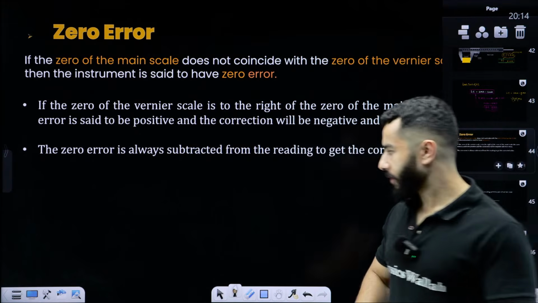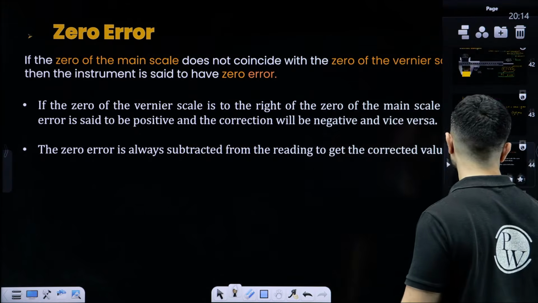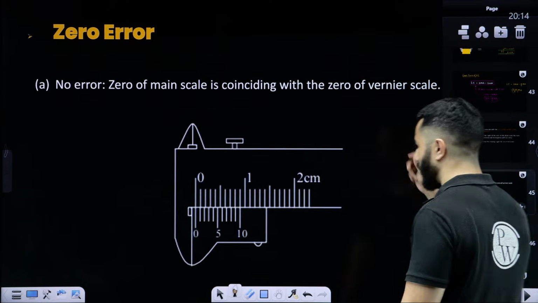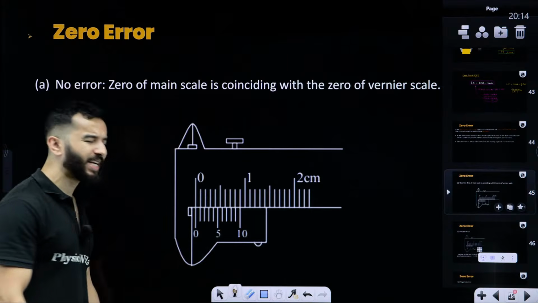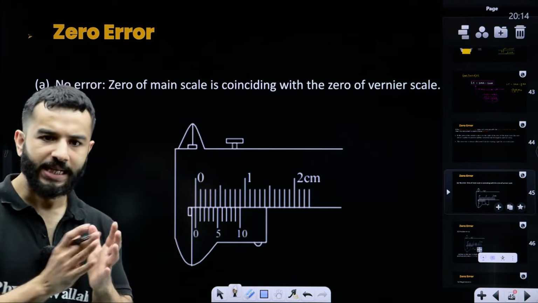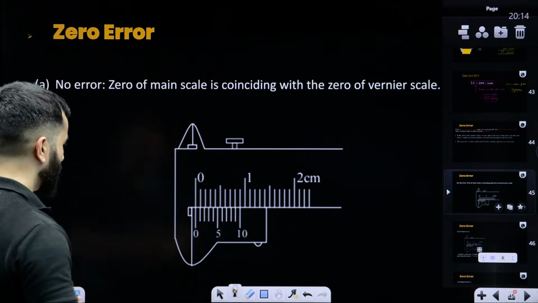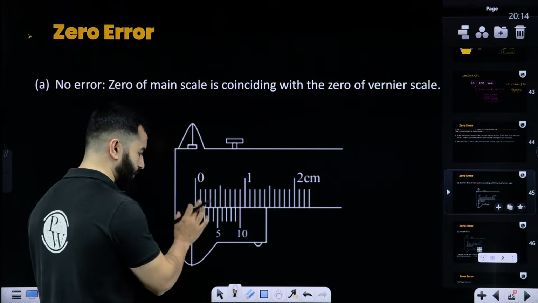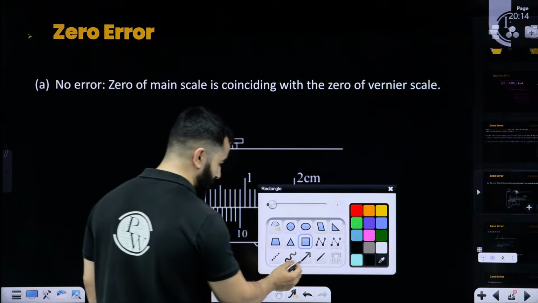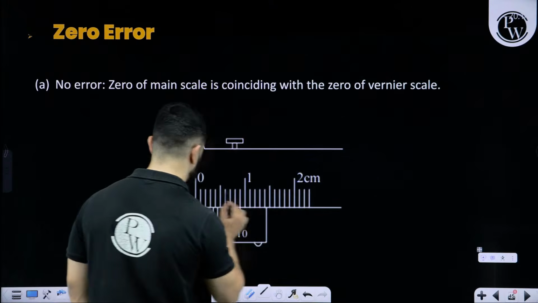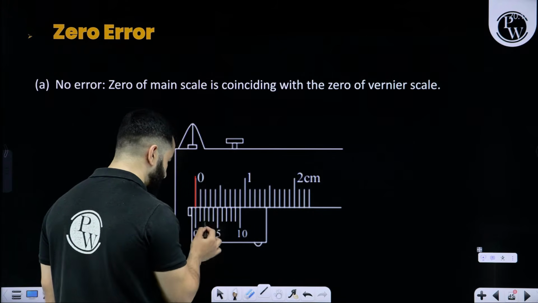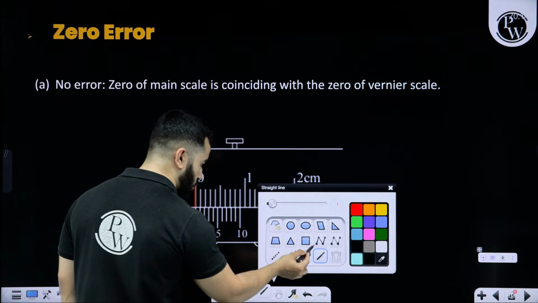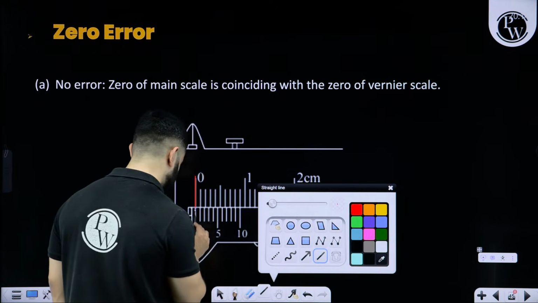See, now when we are talking about zero error, let's suppose the jaws of the vernier calipers are completely closed. Please understand, this was the zero of the main scale, correct? And let's suppose the zero of the vernier scale is also coinciding with this.